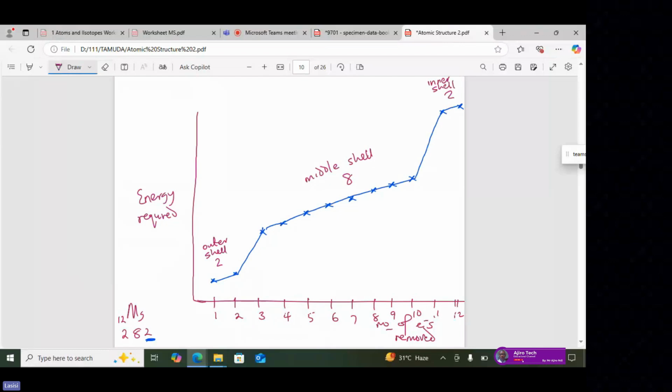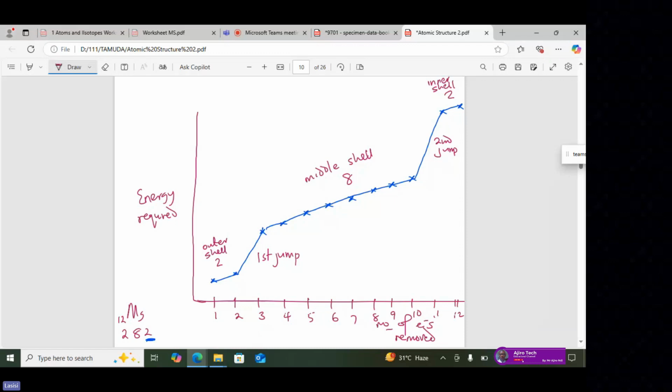Do you get the point? So you have the first jump, then the second jump. The first jump tells you the group. Is that okay? So nitrogen is a group 5 element.